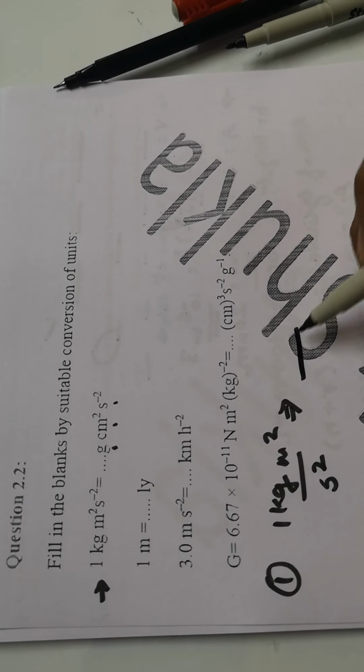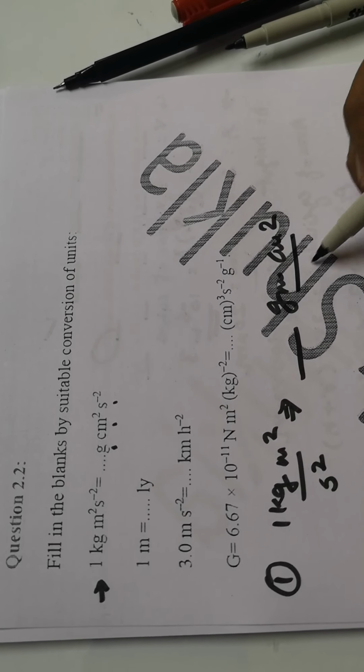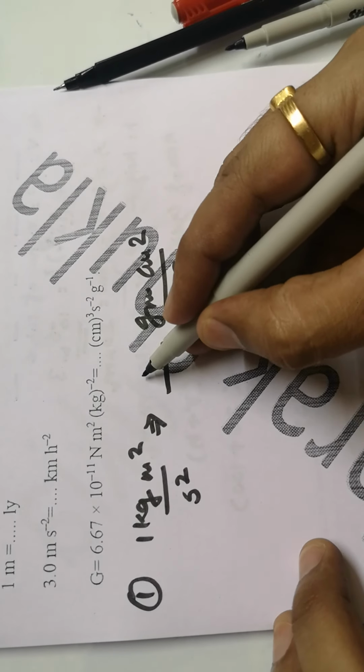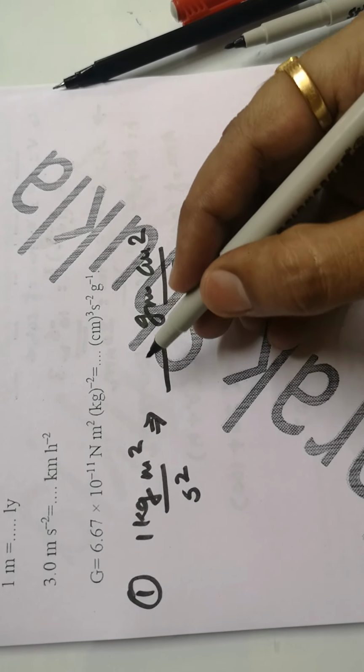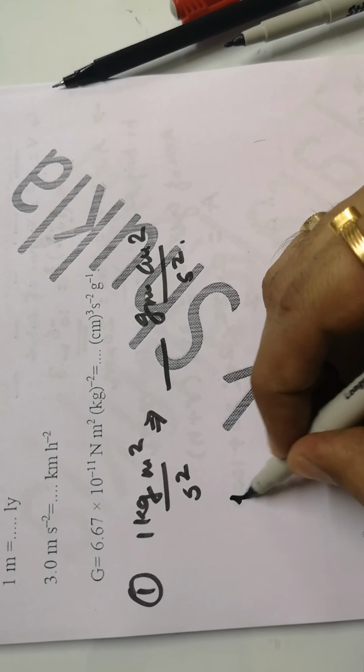So this is, let's say, x number, that would be gram centimeter square per second square. Whenever such data is given to you, you can assume x over here and convert, or you can just directly say, you are aware that I am putting the same value.